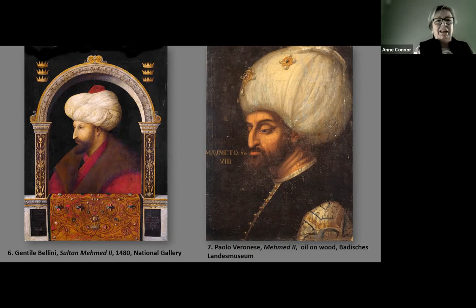Finally, they made it. So here you see that representation of Mehmed the Conqueror, the Ottoman Sultan that ruled from 1444 to 1446, and then again 1451 to 1481. He was only 21 when he conquered Constantinople.